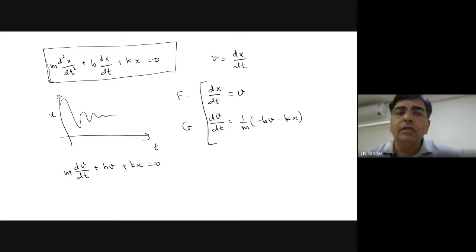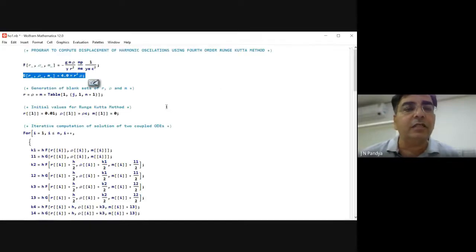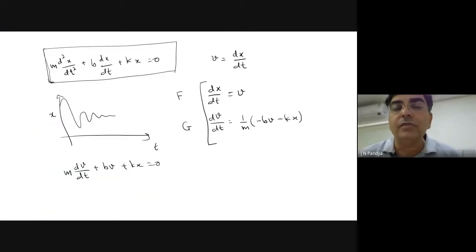Of course, as far as our understanding is concerned, we will be getting what will be the t value, what will be the v value, what will be the x value. This t is incremented by h. V will be changing accordingly. X will be changing accordingly.